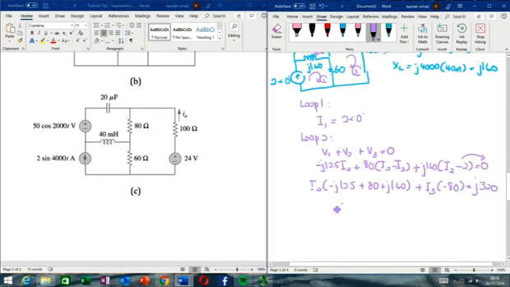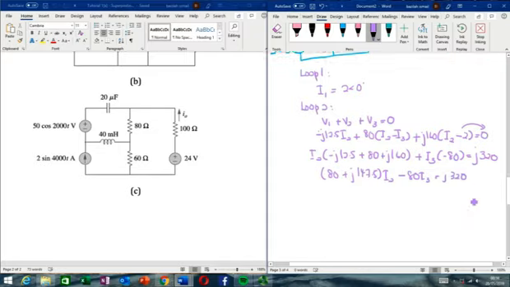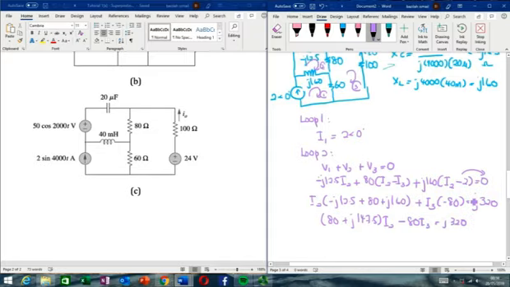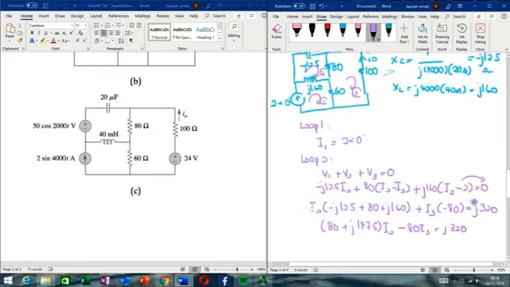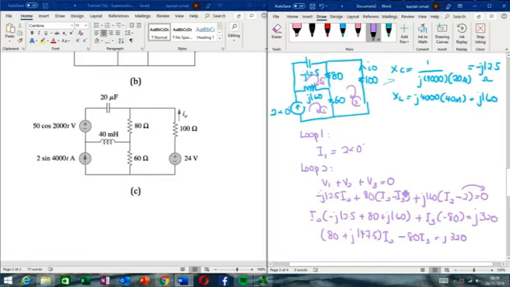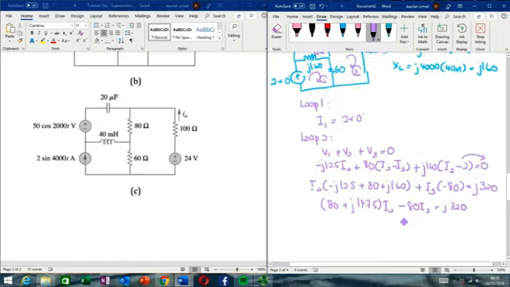Alright, so the answer is 80 plus j 147.5 I2 minus 80 I3 is equal to j 320. Okay, so now we already have the equation in loop 2. So this one is equation 2.